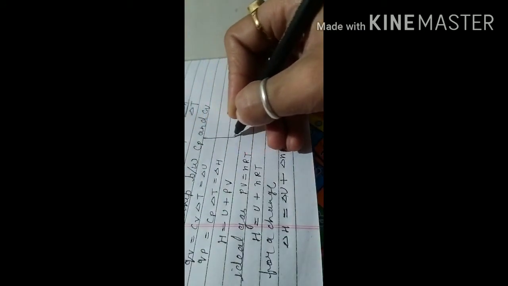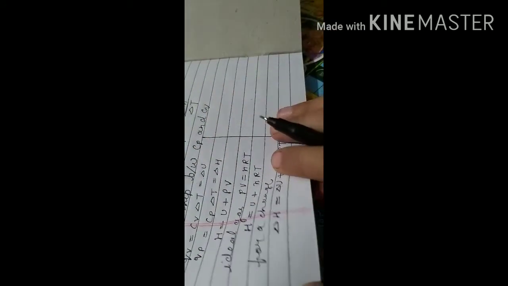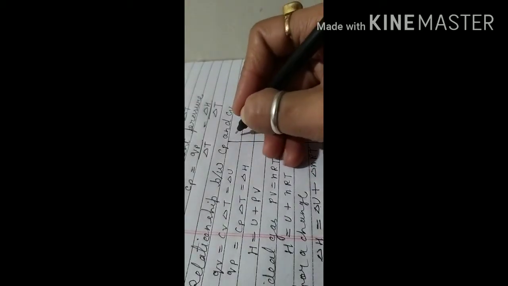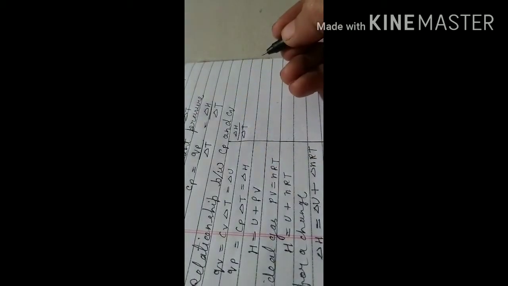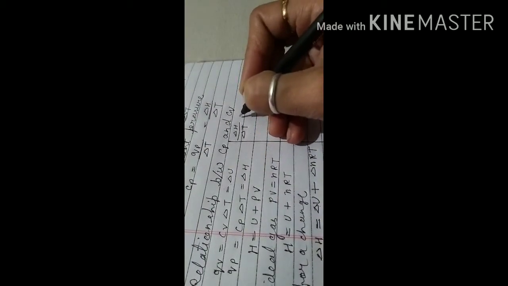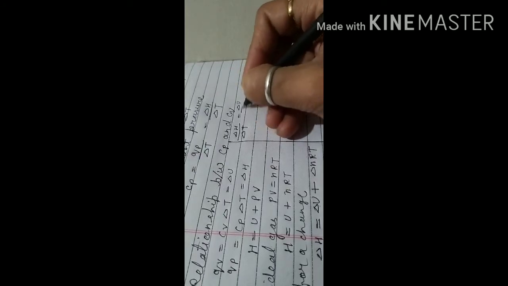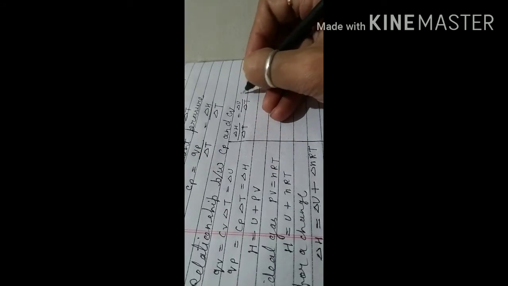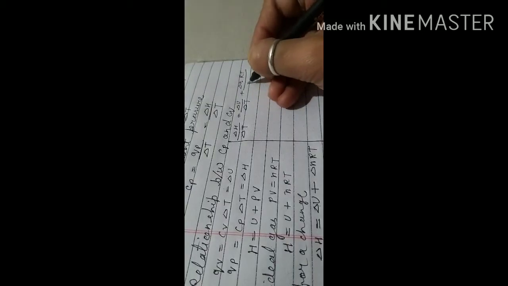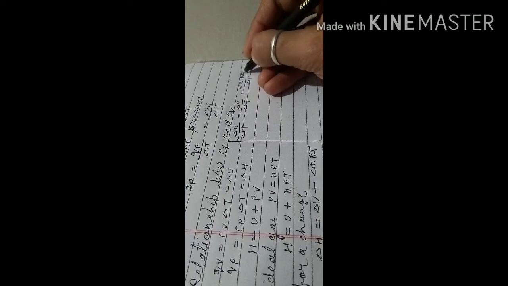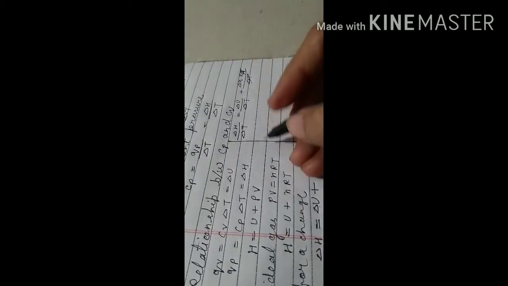Now what we have to do is divide the whole equation by delta T. So delta H upon delta T is equal to delta U upon delta T plus delta n RT upon delta T. Here the temperature is also changing, so delta T can be written, and delta T and delta T will be cancelled.